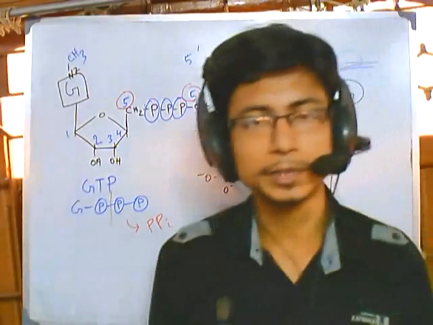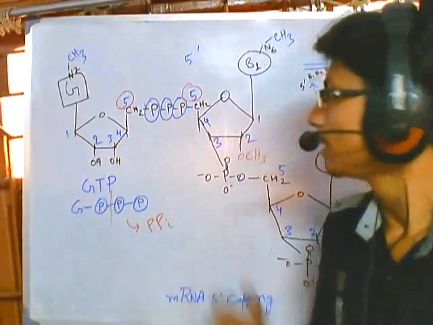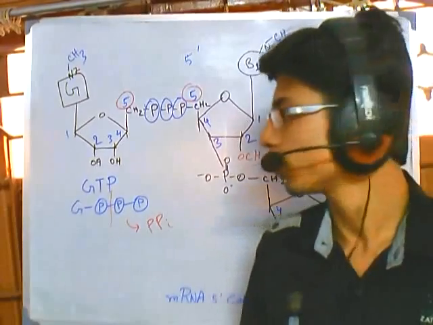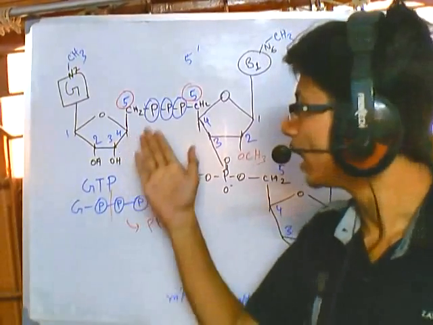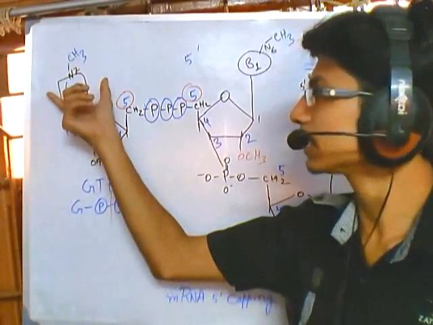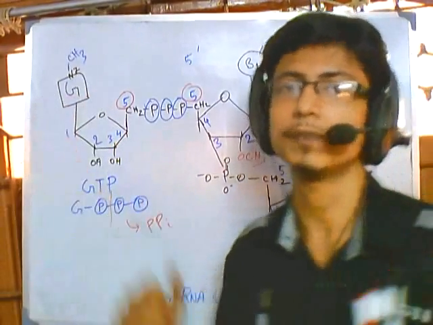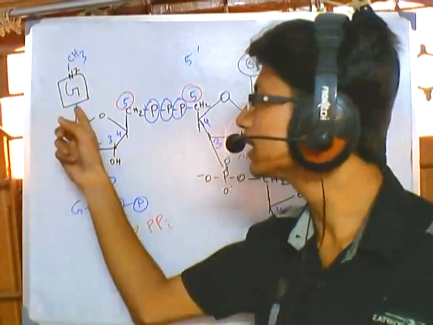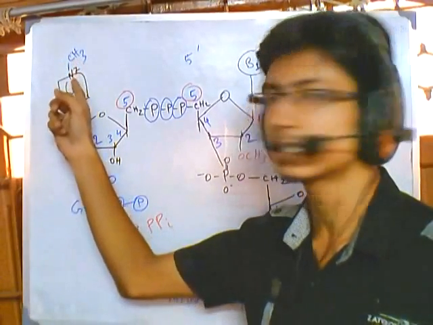Now what is to be done? Further modifications also occur. Along with this, the guanosine that is present is also modified. So this is not a regular guanosine. This guanosine is methylated at the N7 position.